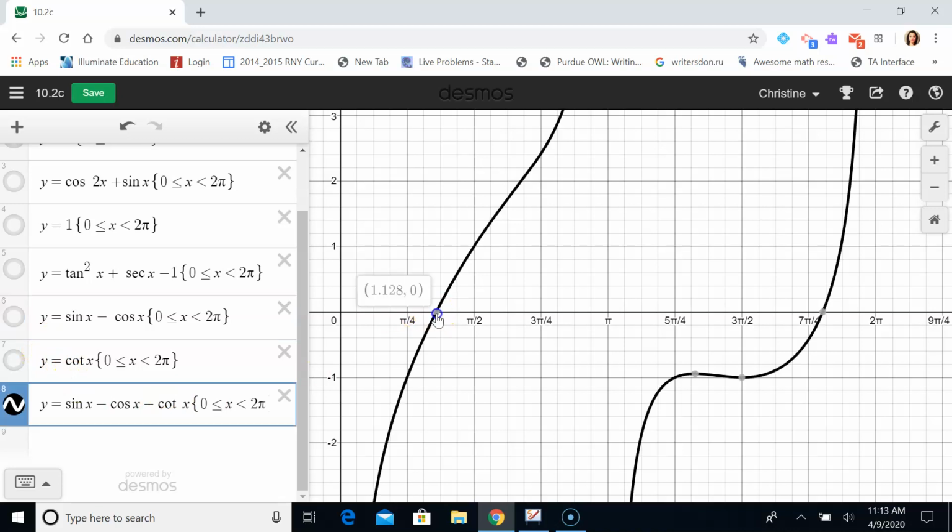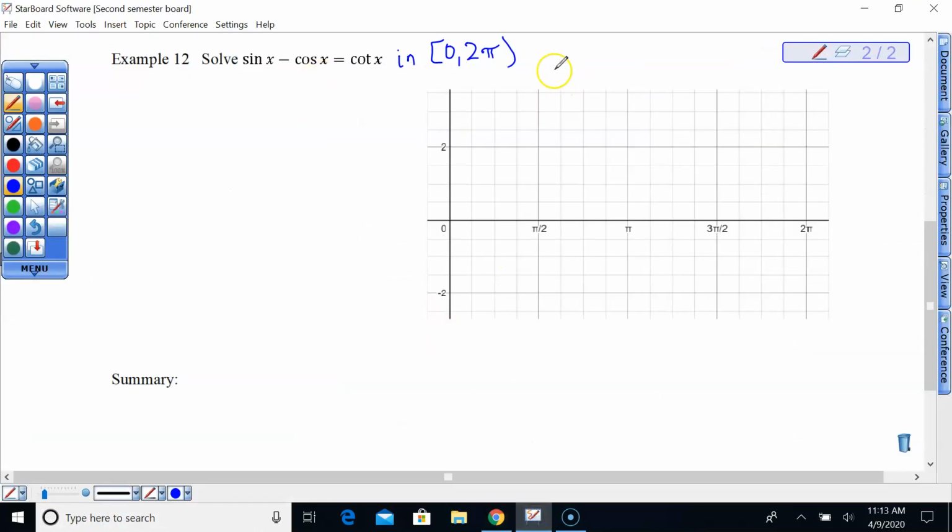So here at 1.128 radians, and here at 5.661 radians, that would be my choice, to graph that. So what you would do here is you would type in y equals sine x minus cosine x minus cotangent x, and then you graphed the solution.